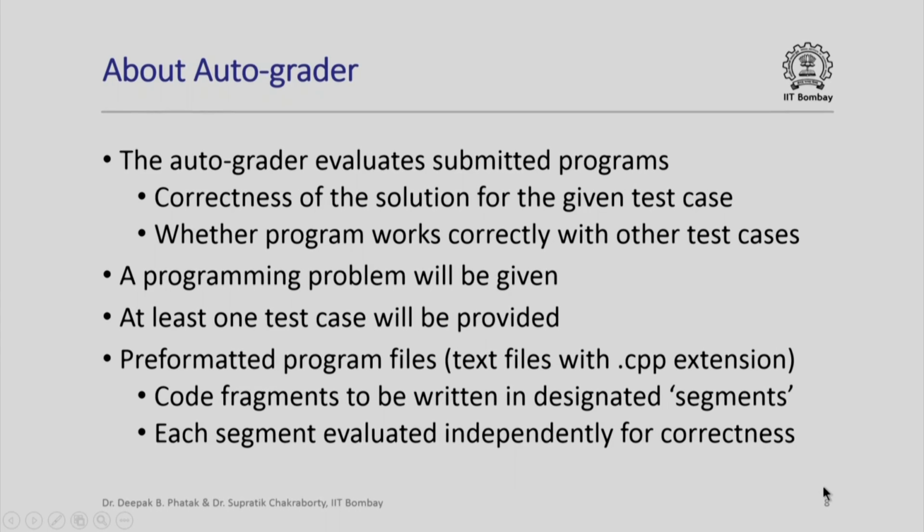Each segment is evaluated independently for correctness by our autograder. So, for example, if there are 4 segments and you make a mistake in the very first segment, ordinarily the entire program may not work correctly at all. However, if the other 3 segments have been written correctly, then our autograder will be able to give marks for the correct program segments that you have written.